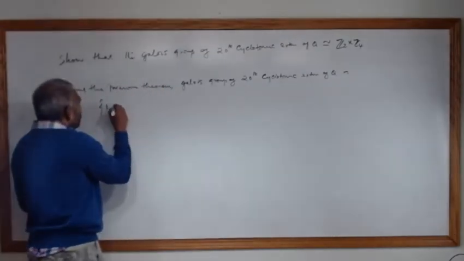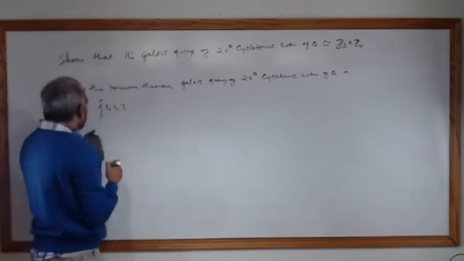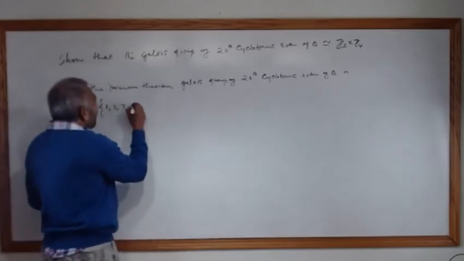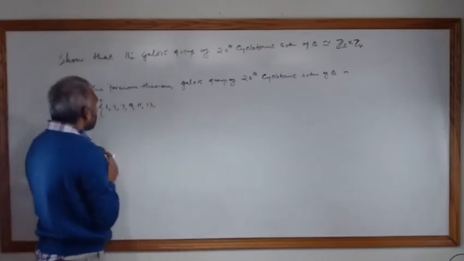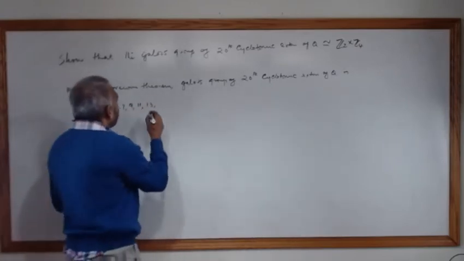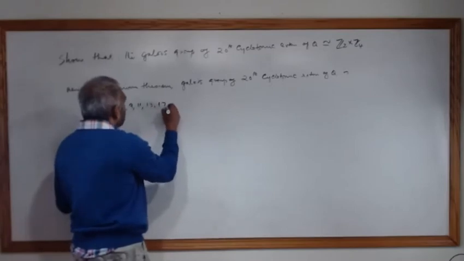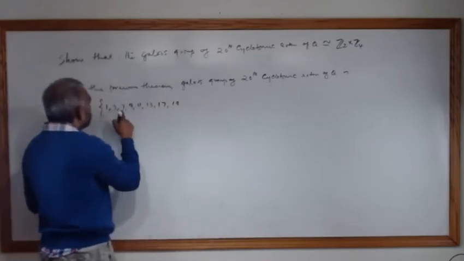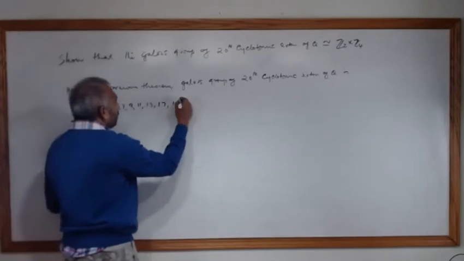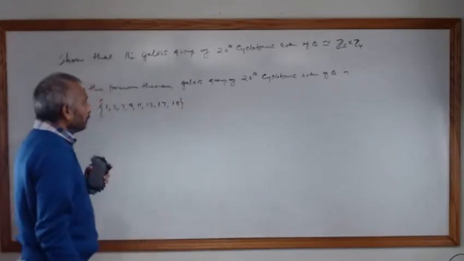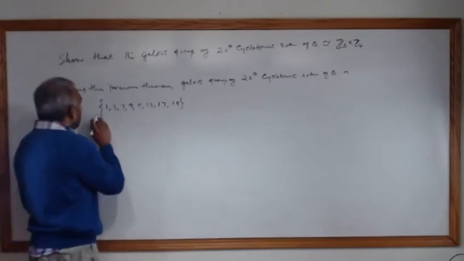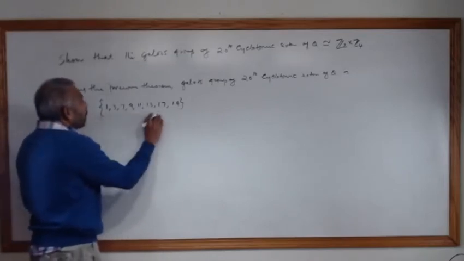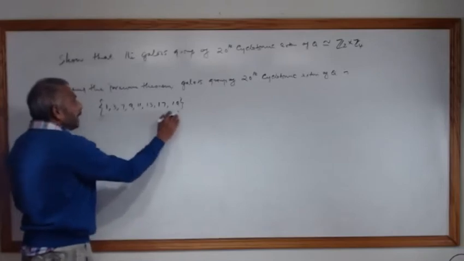That is 1, 3, 7, 9, 11, 13, and 17, 19. 1, 2, 3, 4, 5, 6, 7, 8. So this is a group of 8 elements.